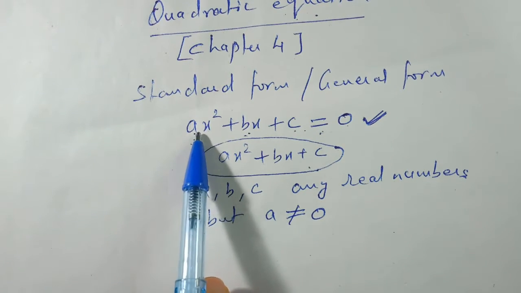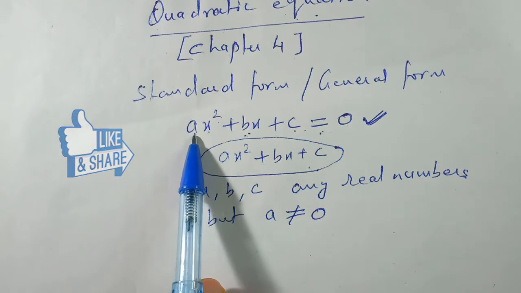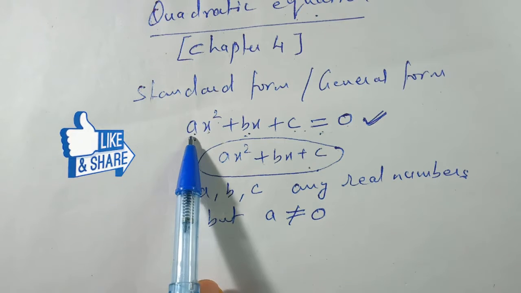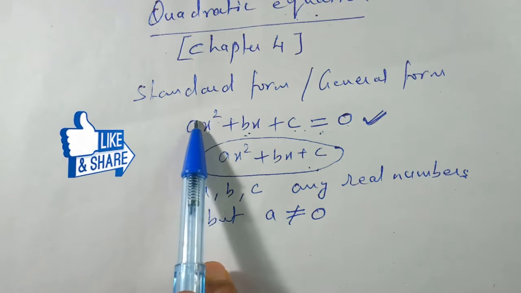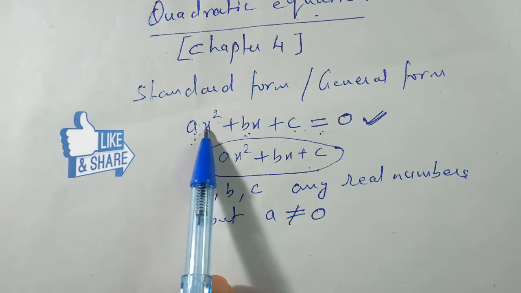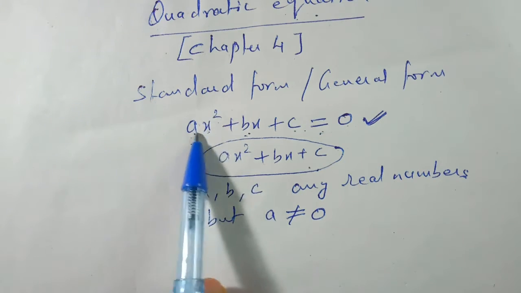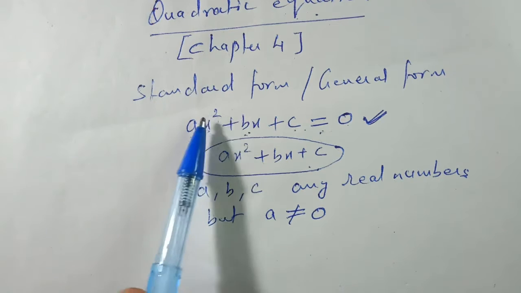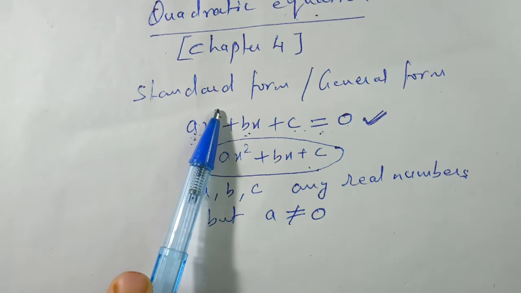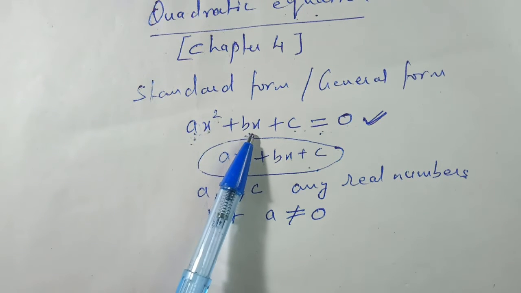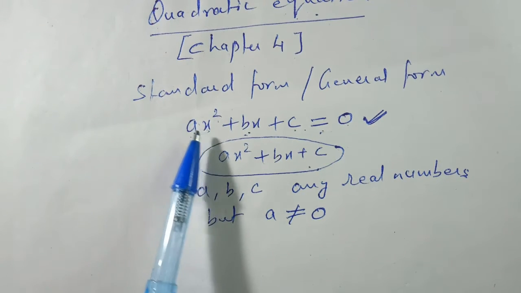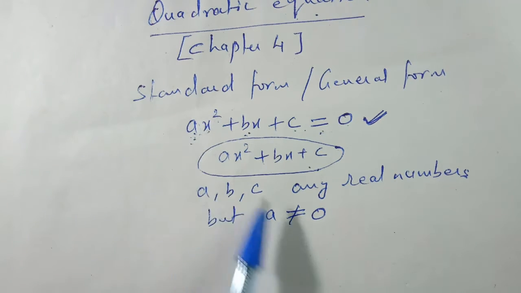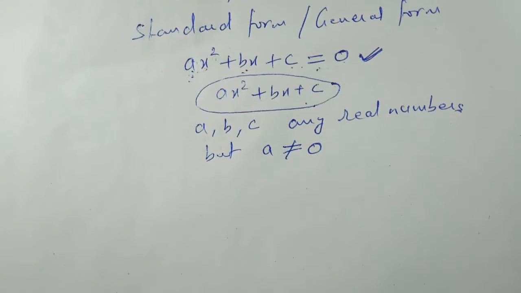The coefficient of x square, that is a, should not be equal to 0. Why? Because if we put 0 in place of a, then 0 into x square means 0. So this x square will be removed, and then it will not be called a quadratic equation; it will become a linear equation. So this point you have to note, that the coefficient of x square should not be equal to 0.